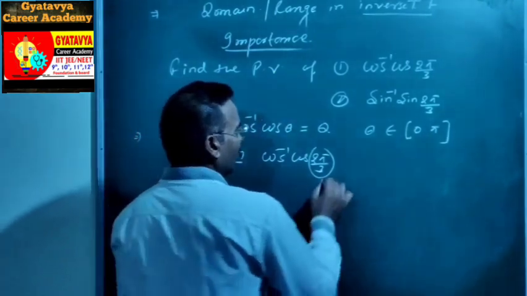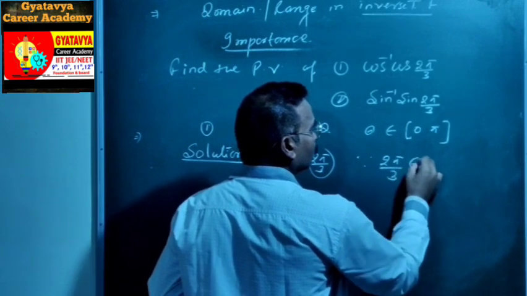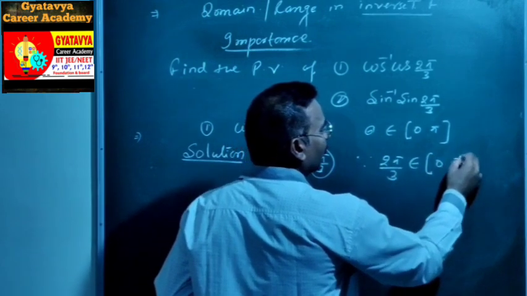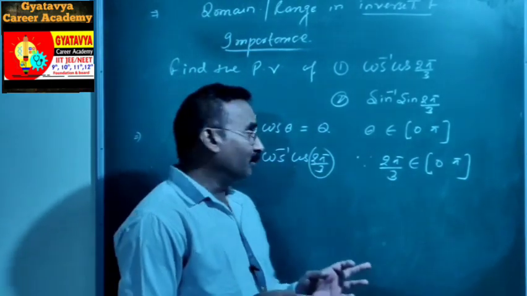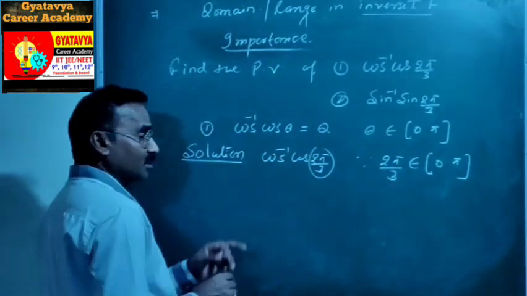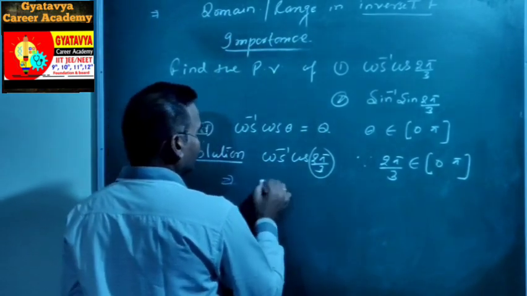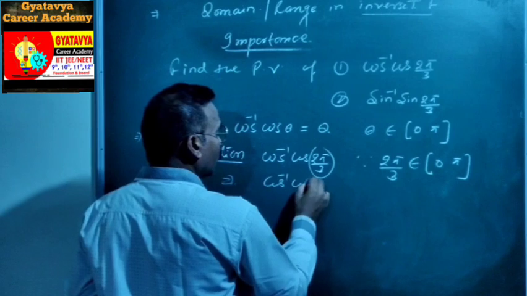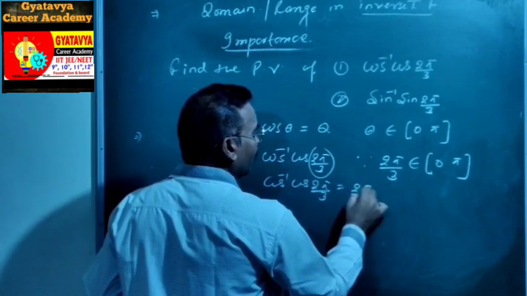Yes, obviously. Since 2 pi by 3 belongs to 0 to pi, there is no obstacle in cancelling the function and inverse function. Okay, so you can directly write cos inverse cos 2 pi by 3 is equal to 2 pi by 3. So 2 pi by 3 is the answer.